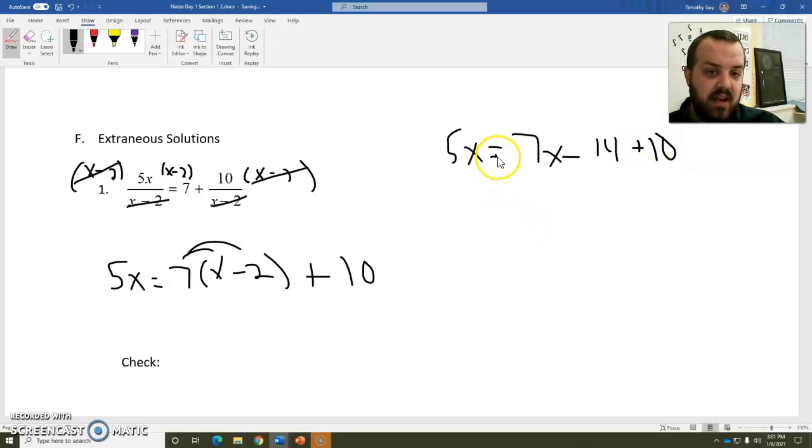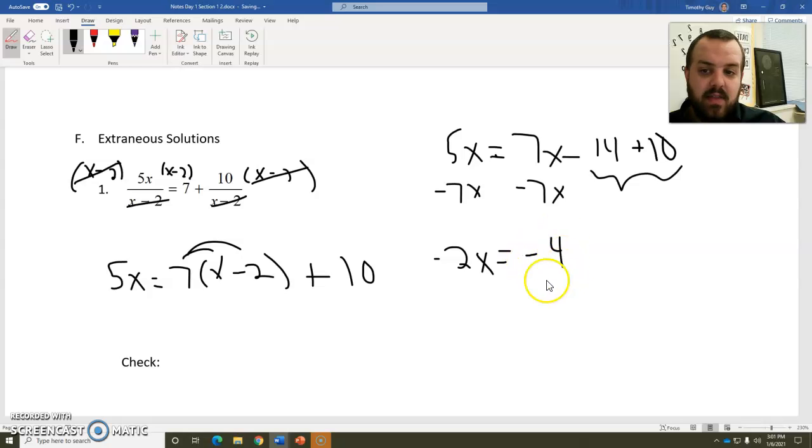We'll move this 7x over to this side by subtracting it. I'll also go ahead and combine these like terms while I'm doing this. So I'm going to get negative 2x equals negative 4. And then I'll divide by negative 2, and I'll get that x equals 2.